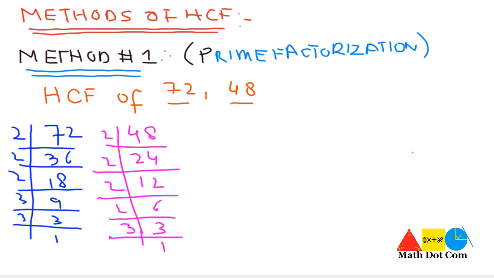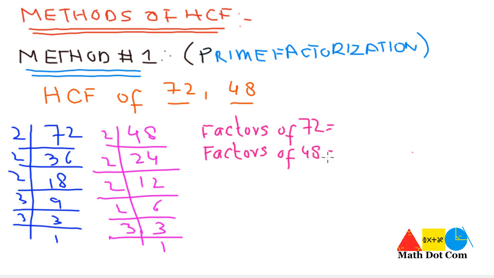So these are the prime factors of 72 and 48. Now we will find their common factors. For the sake of common factors, we will write the factors of 72 and the factors of 48 in a way so that we can easily match them together.